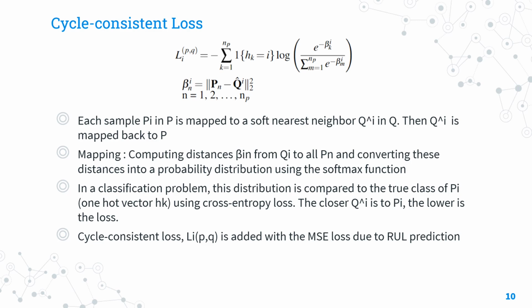In a classification problem, this distribution is compared to the true class of p_i, the one hot vector h_k, using cross entropy loss. The closer Q hat i is to p_i, the lower the loss. Then the cycle consistent loss, represented by L, is added to the mean squared error loss of both engines in a pair due to RUL prediction to get the total loss.